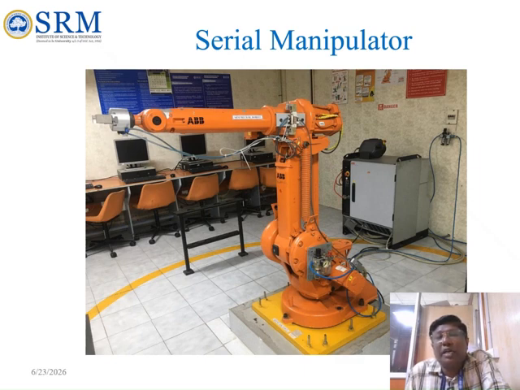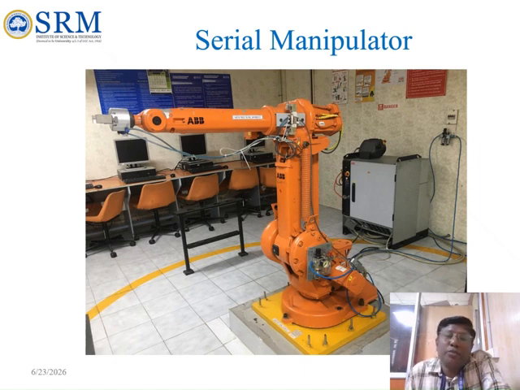This is the controller, and this is called a teach pendant, where we are going to write the program and other things. And here the servo motors are placed. For each of the 6 axes you will have a servo motor, and this is the end effector where the gripper is placed. Okay. So this is the 6 axis robot.